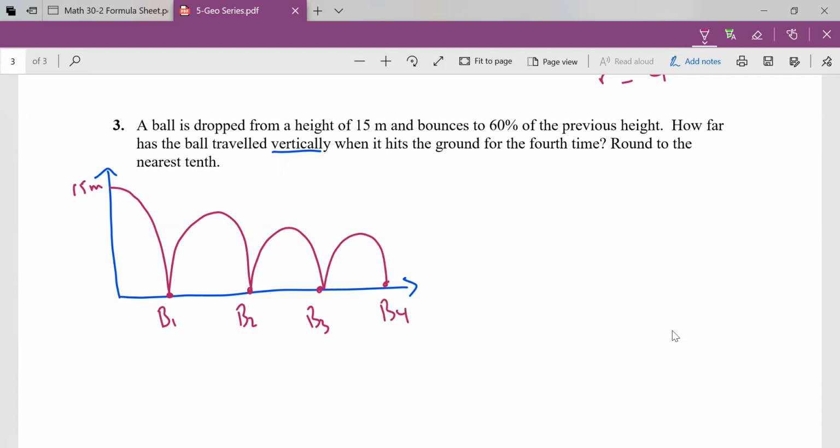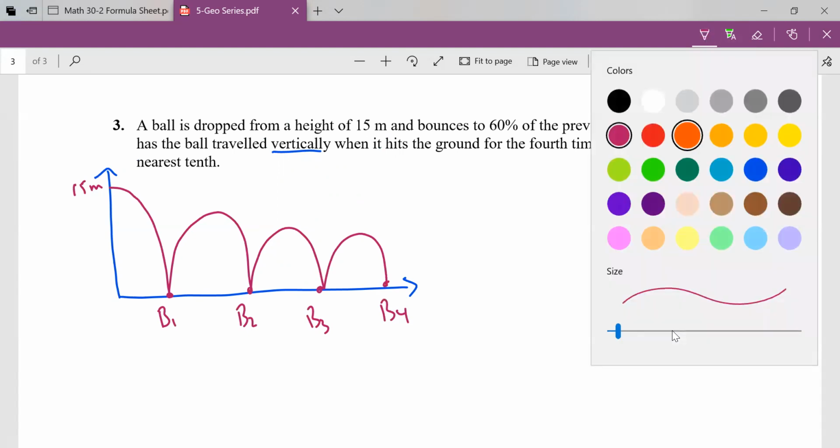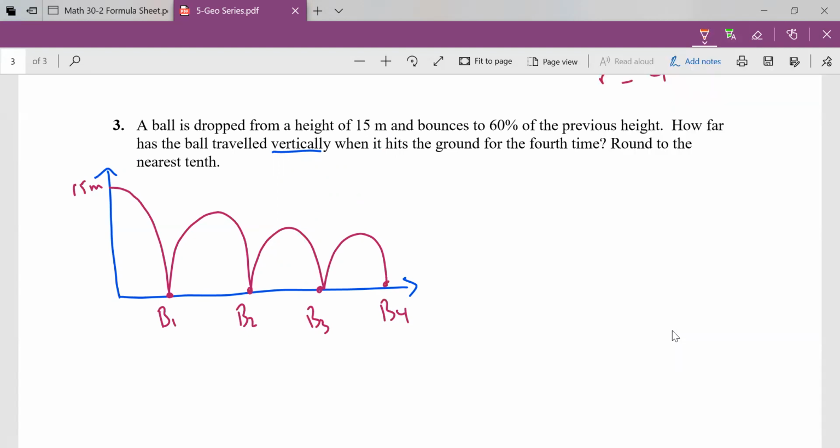So that would be that one right there. Now we want the vertical part. So the vertical part of this is this straight up and down right here, just like that. Okay, so we want that vertical height, and let's not forget that right there.